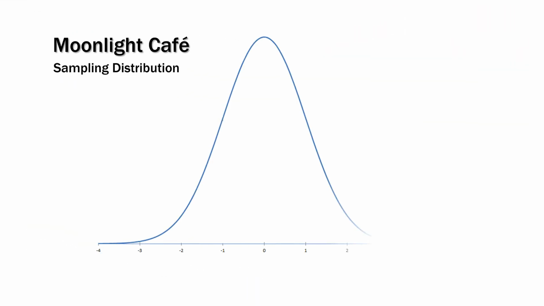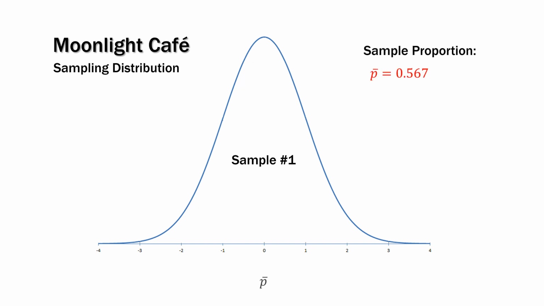And here it is. Once we pass the two tests in the previous slide, we can go ahead and use this normal distribution to represent our sampling distribution for the sample proportion. Our sample proportion was 0.567, so we take that and center it in our sampling distribution right here in the middle. Remember, that is a z-value of 0.